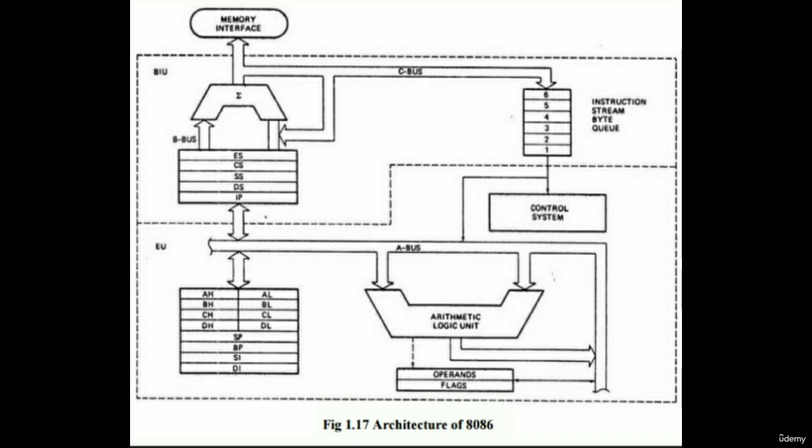Let's go with point number 2. After the address calculation, the instruction is fetched from memory and passes through the data bus, as shown in the figure. You can see that quite clearly. According to the size of the instruction, the prefetch queue fills up.